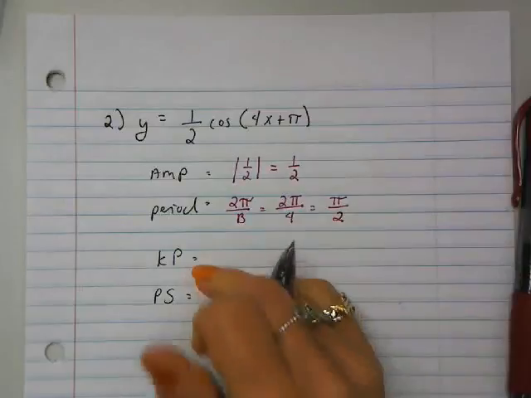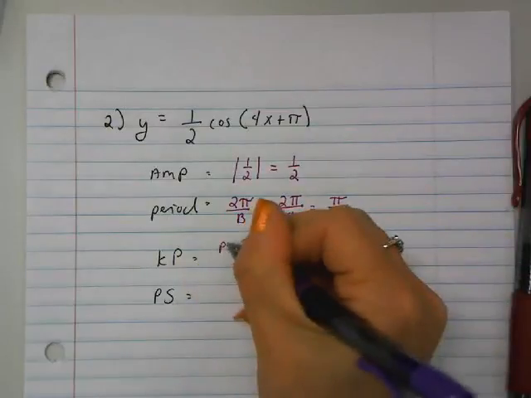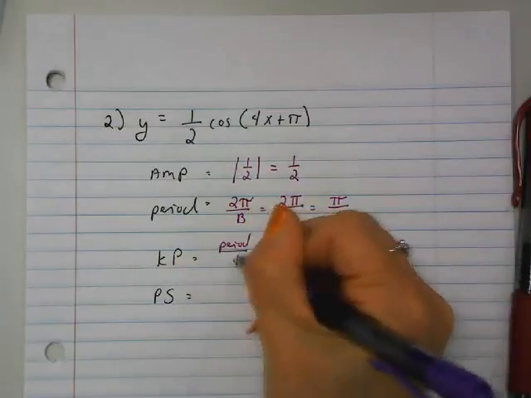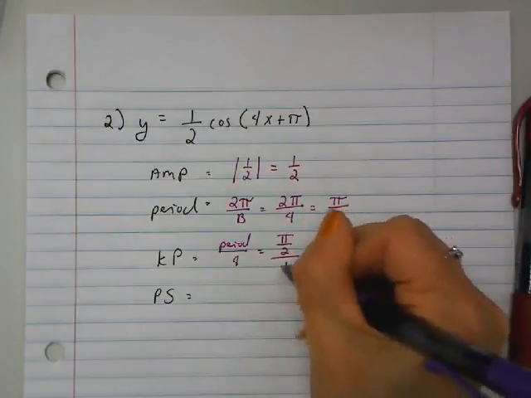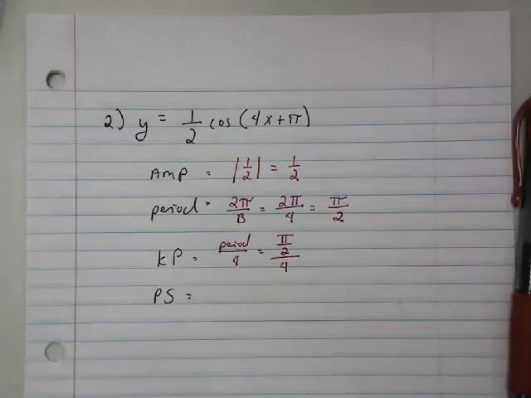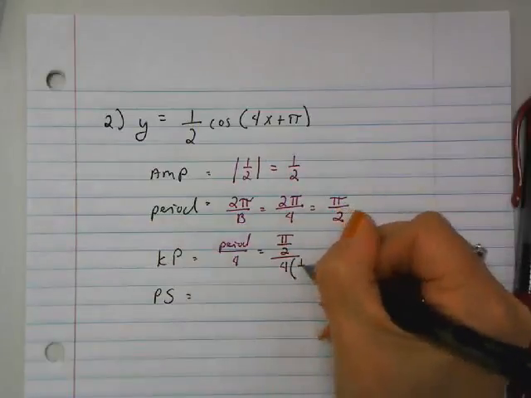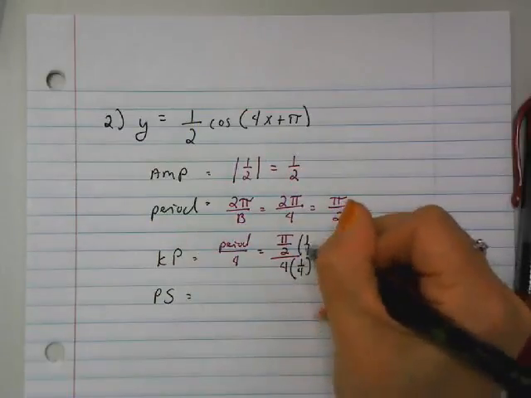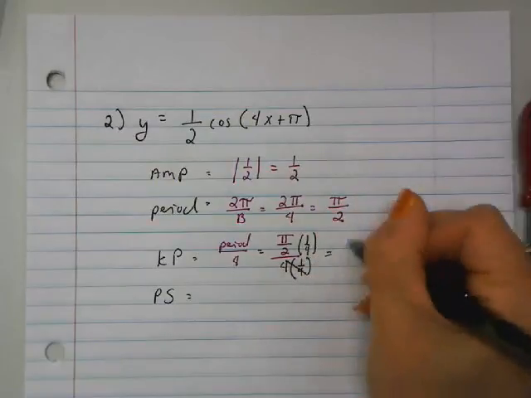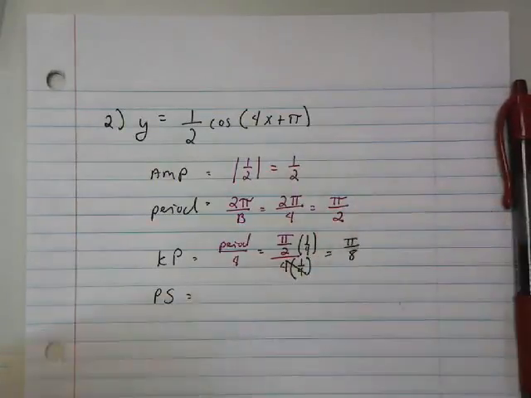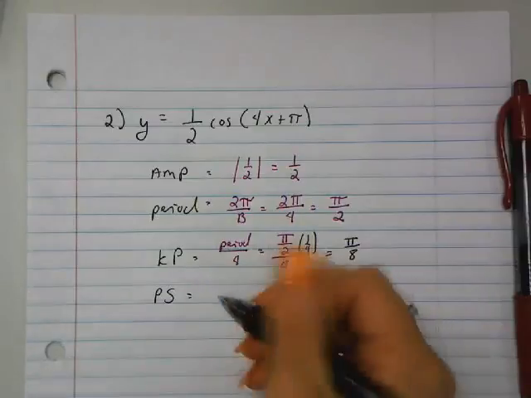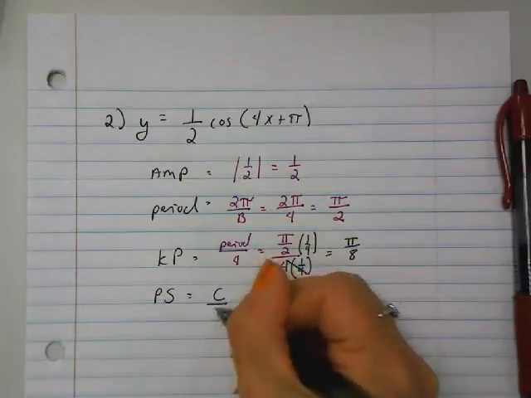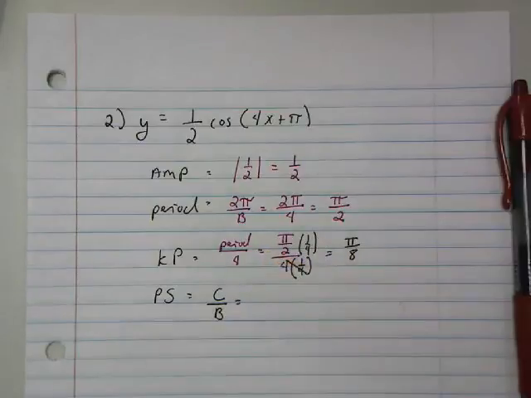The key point, take your period, divide it into 4 pieces. So pi over 2 divided by 4. Well, now that's a mess, but do you agree I can multiply by its reciprocal? These go away, and I get pi over 8. And finally, the phase shift. Be careful, it's c over b, but remember the sign changes.